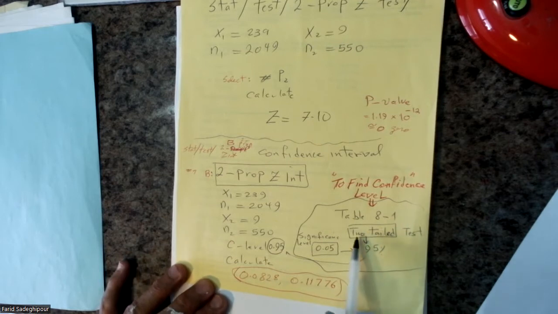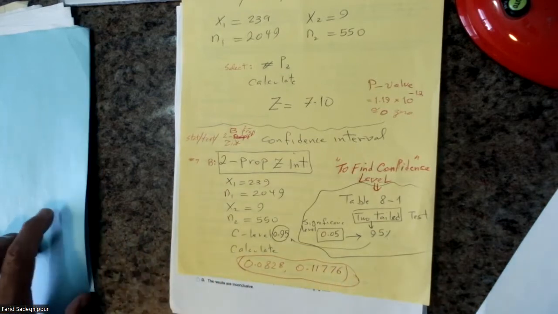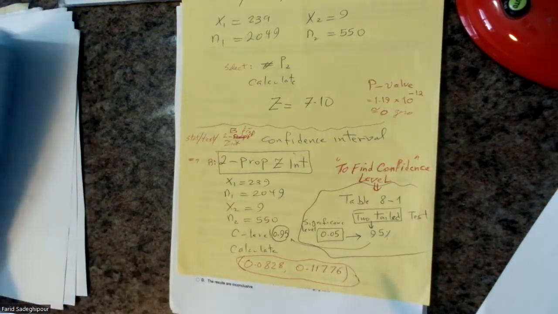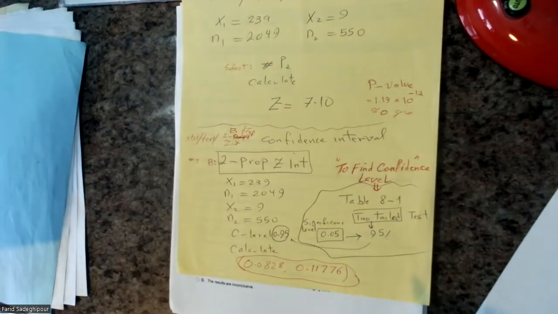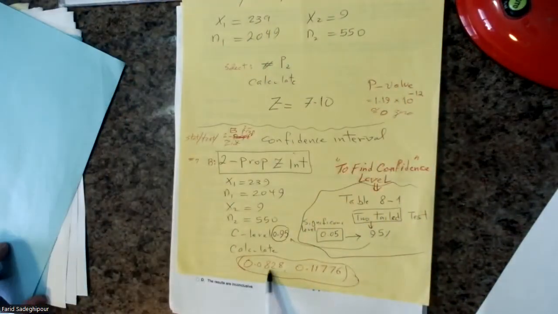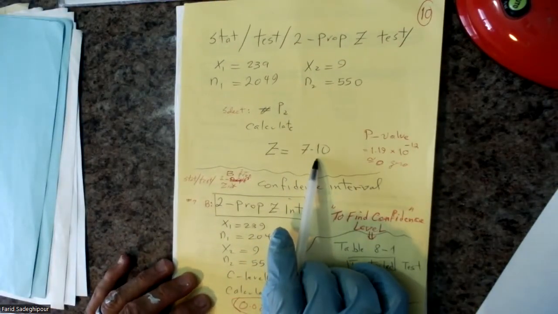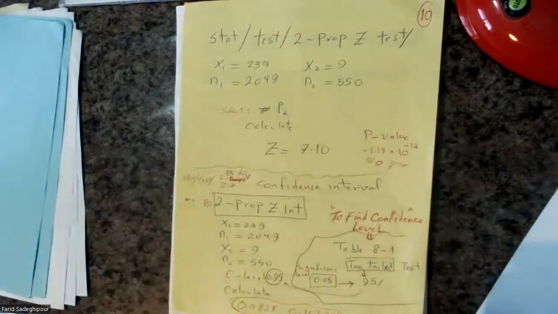Table A1 tells you that if you have two tails and significance level is 0.05, then it's 95%. So when you put that, that gives you the interval that we already calculated here. In these problems, when we go through all this calculation and we have this estimate, using the calculator would give you that. Or here, the Z test statistic of 7.11 or 7.10 is from this formula.